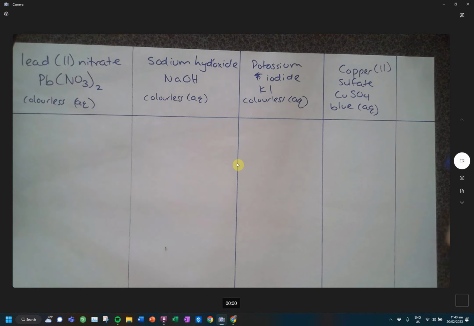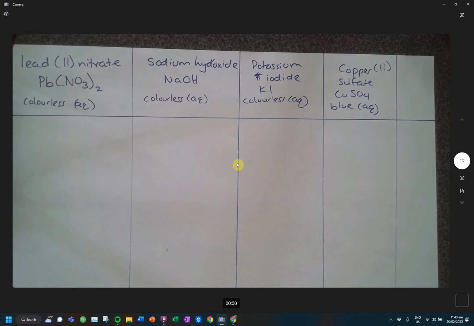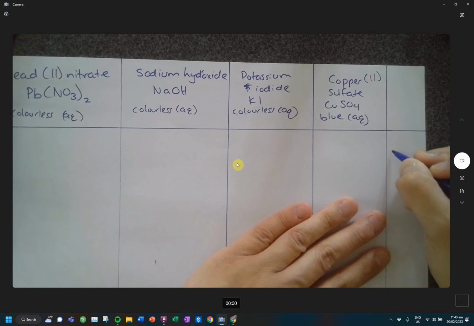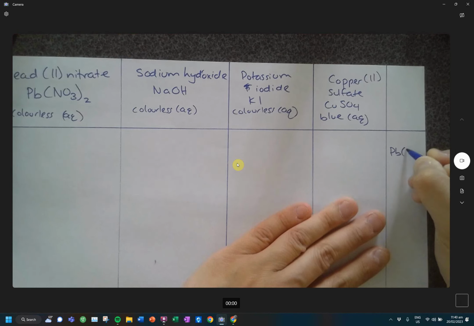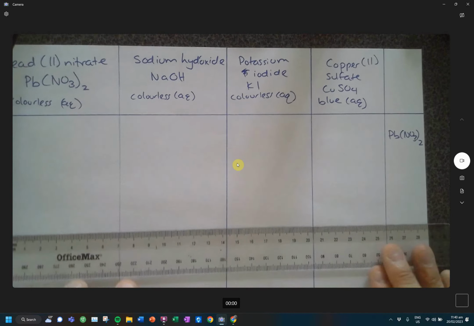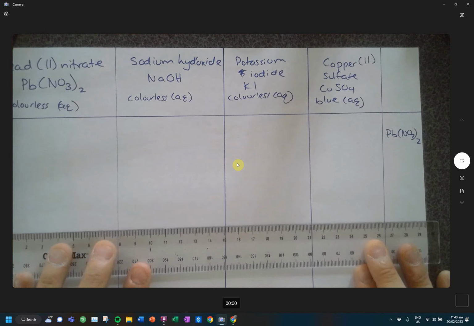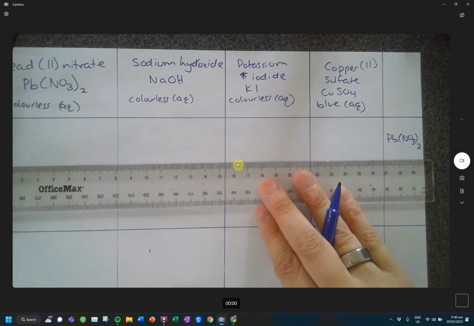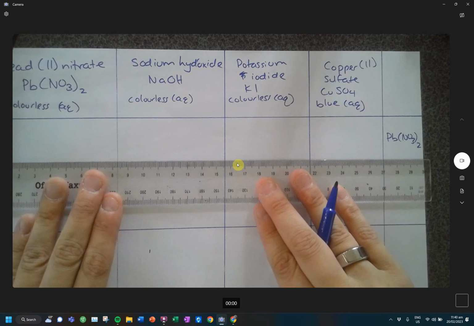All right, so now I'm just going to copy down my list going down so that way we can crisscross all the different items. So I'll start with the lead nitrate. We'll put lead nitrate here. It's a little bit squished, but that's okay. I'm going to try to halfway this page so that way we can kind of space it out well. So basically we're creating a box.